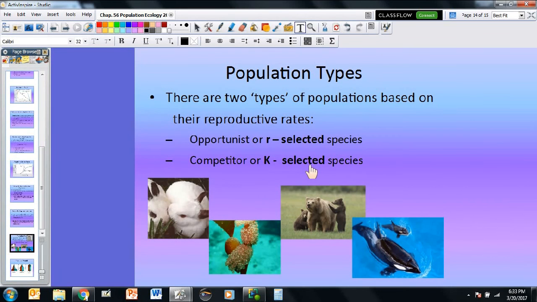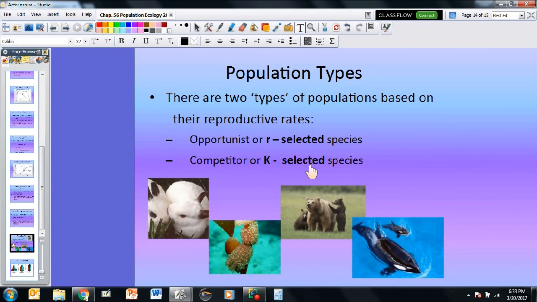R-selected species have a short lifespan. There's a short time span between when they are young and when they become reproducing adults. They're able to breed at a young age. They produce many offspring per breeding season, and they will reproduce many times over their lifetime. Their newborns are small. There is little to no parental care.